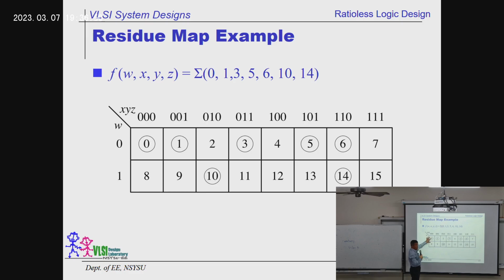So what did we get? It looks like a K-map, but it's not. Let me refresh your memory of the K-map that you learned as an undergraduate, with W, X, Y, and Z. This is the K-map, right? With 0, 0, 1, 1, 1, 1, 0, 0, and so on.